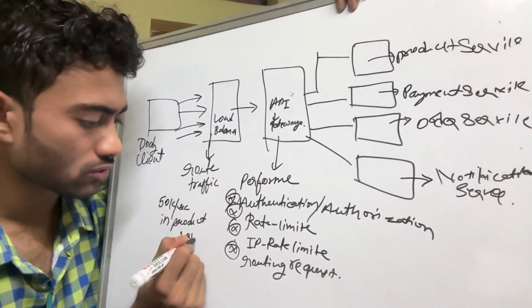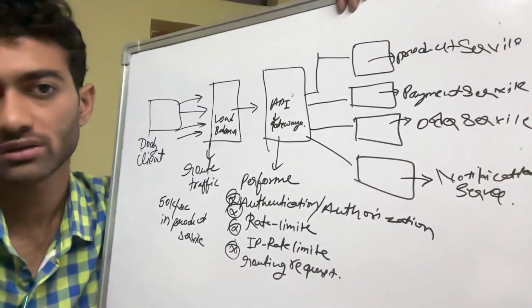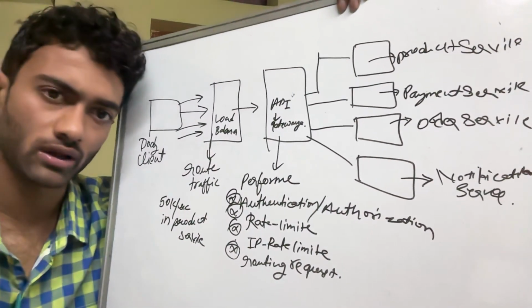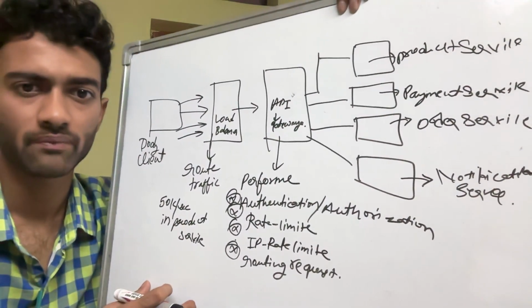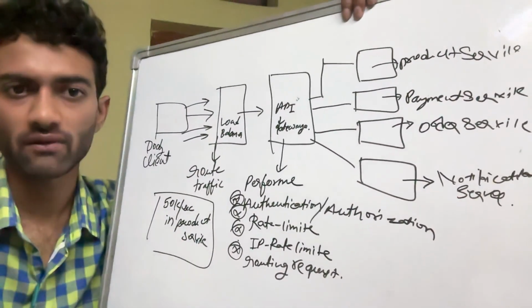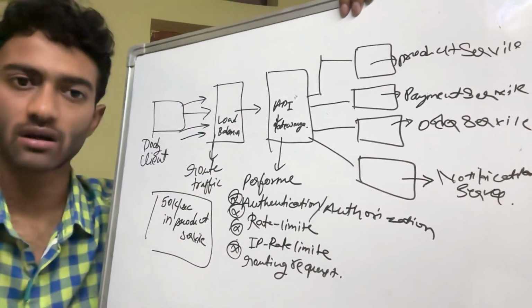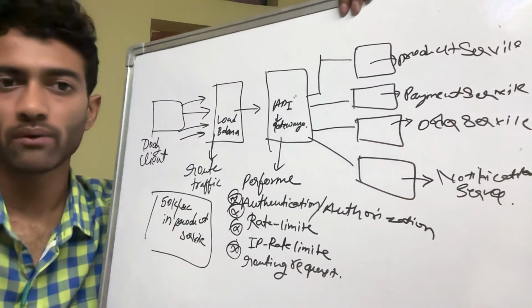For example, services being introduced to provide search requests, catalog searching of products, and listing of products in the platform. So we are getting requests of this kind, 50K requests in a second. This is very huge traffic for a specific service.